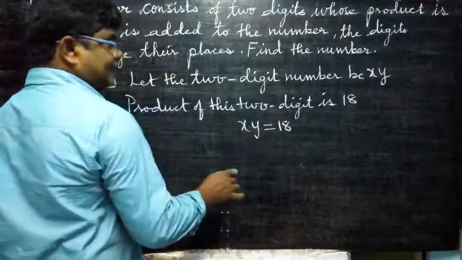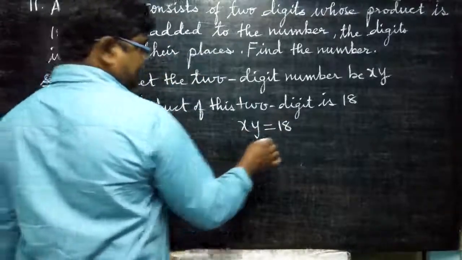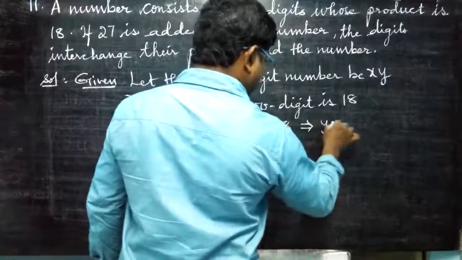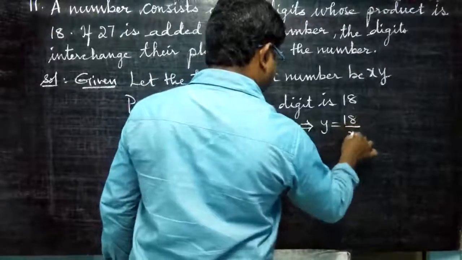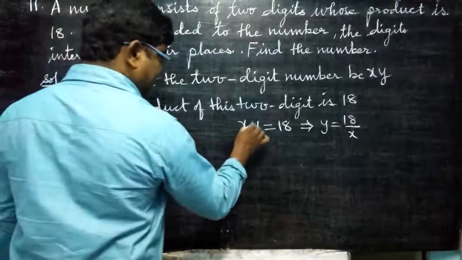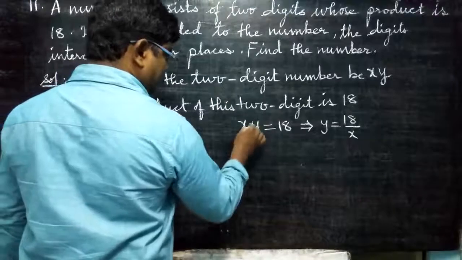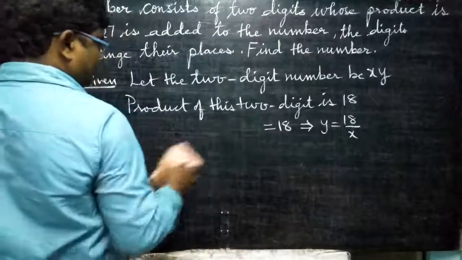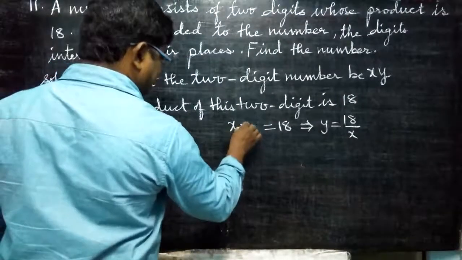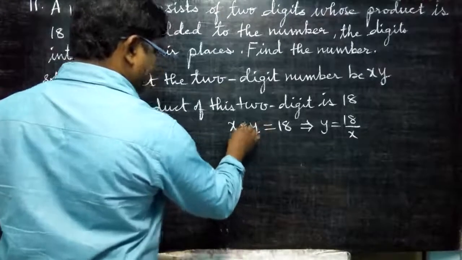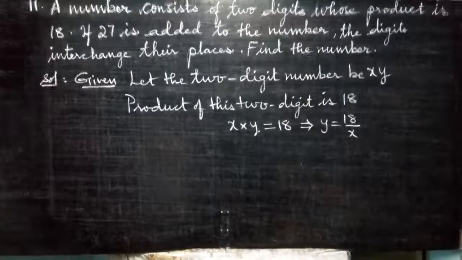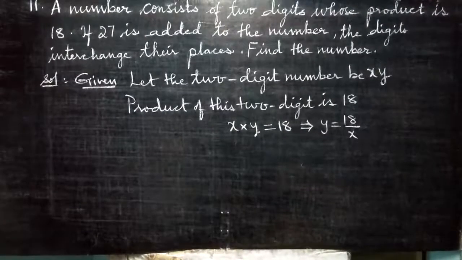So here I am writing y is equal to 18 by x. They told product, so x into y. Write clearly: the product of the two digits is 18.